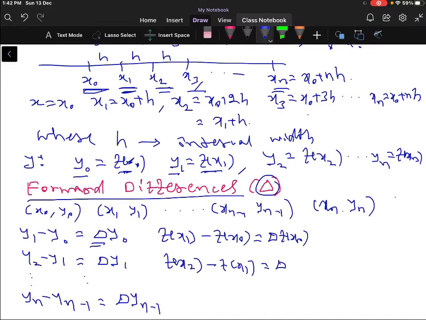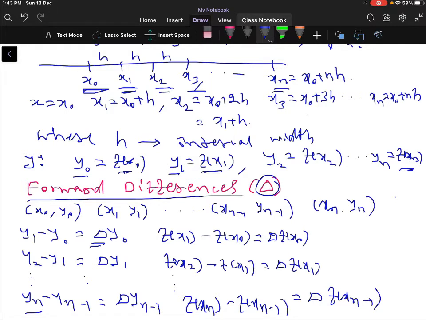So that is delta of f of x1, and so on. Yn is nothing but f of xn, so f of xn minus f of xn minus 1 can be written as delta of f of xn minus 1. So this is another way of representing the first forward differences.